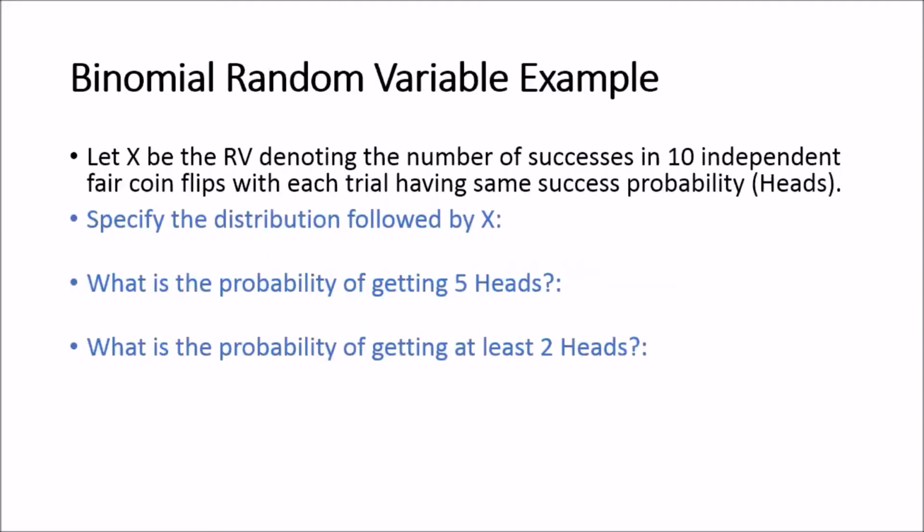So let's look at an example of a random variable that follows the binomial distribution. If we let x be the random variable denoting the number of successes in 10 independent fair coin flips, with each trial having the same success probability, then what will be the distribution followed by the random variable x? In this case, heads is what we define to be a success.